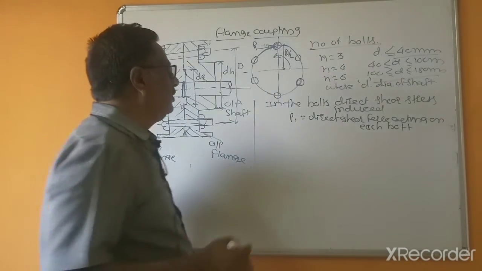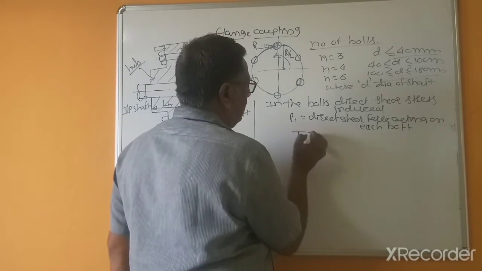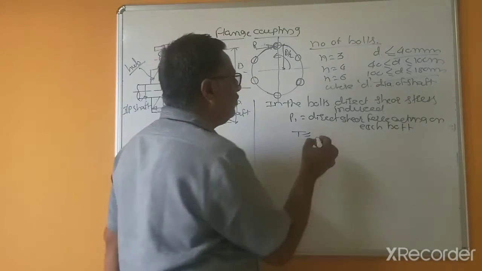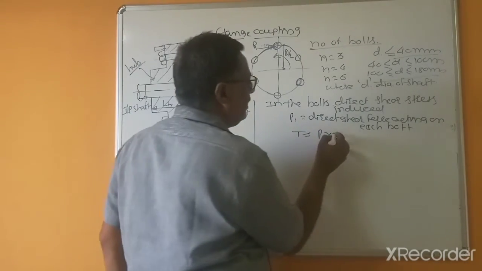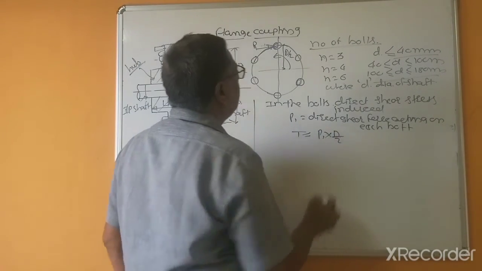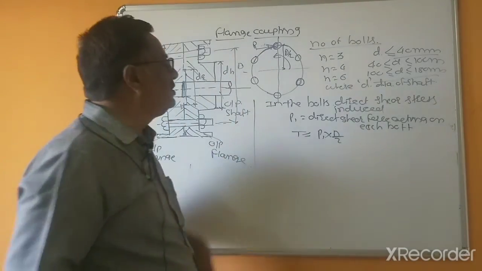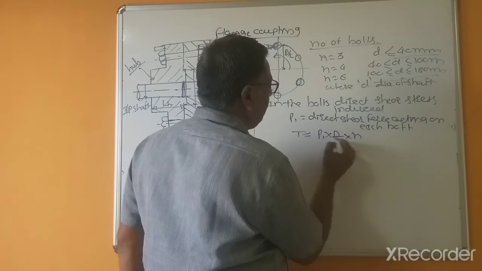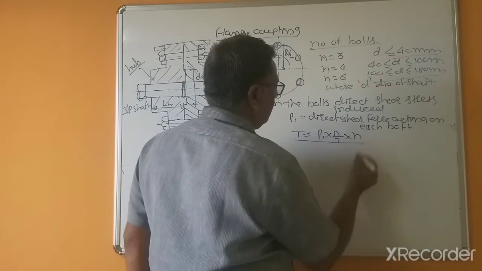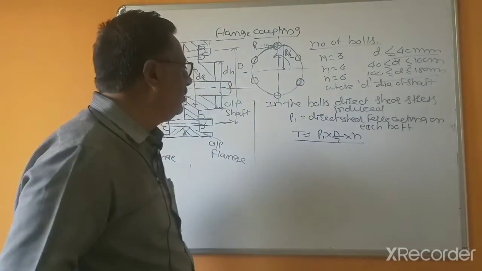So we can write T equals P1, the force acting, multiplied by the radius D by 2, and multiplied by N, the total number of bolts. This is clear.